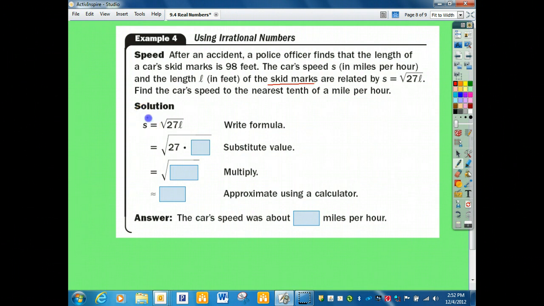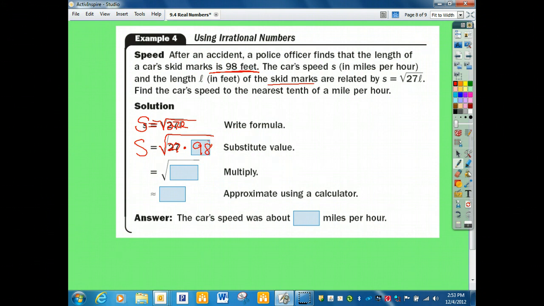Just in general, we can find the speed of the car by finding the square root of 27 times the length of the skid. So speed equals the square root of 27 times 98. How far did that car skid in that accident? The skid mark was 98 feet long.